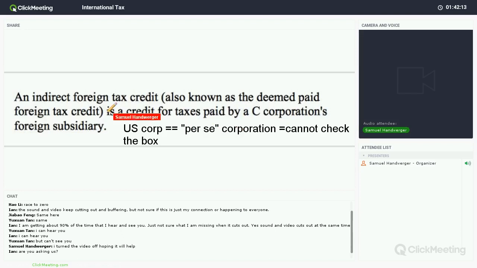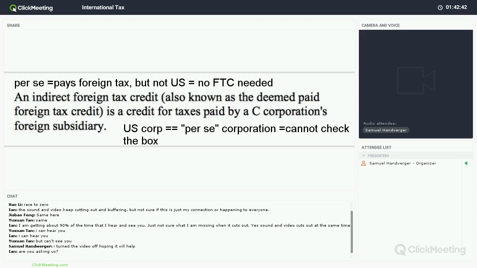We've been talking about the U.S. entity, but this per se corporation pays foreign tax to the country where it's at, but not U.S., and so there's no foreign tax credit needed at that point.